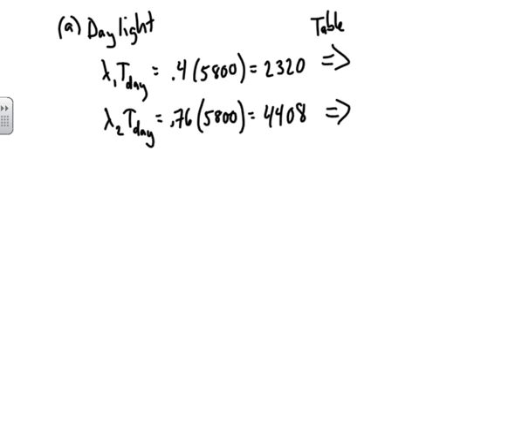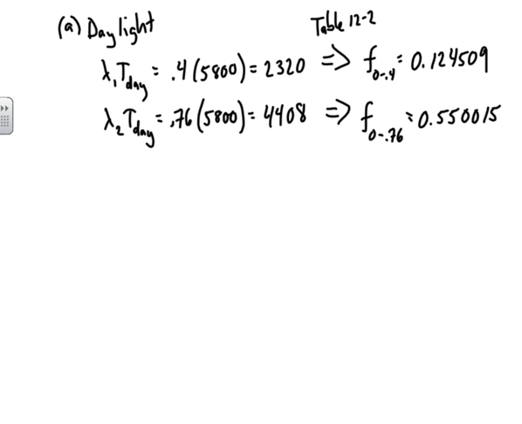Then we'll go to that table, table 12-2. We find that little f from 0 to 0.4 is going to equal 0.124509, and little f from 0 all the way to 0.76 is going to equal 0.550015.